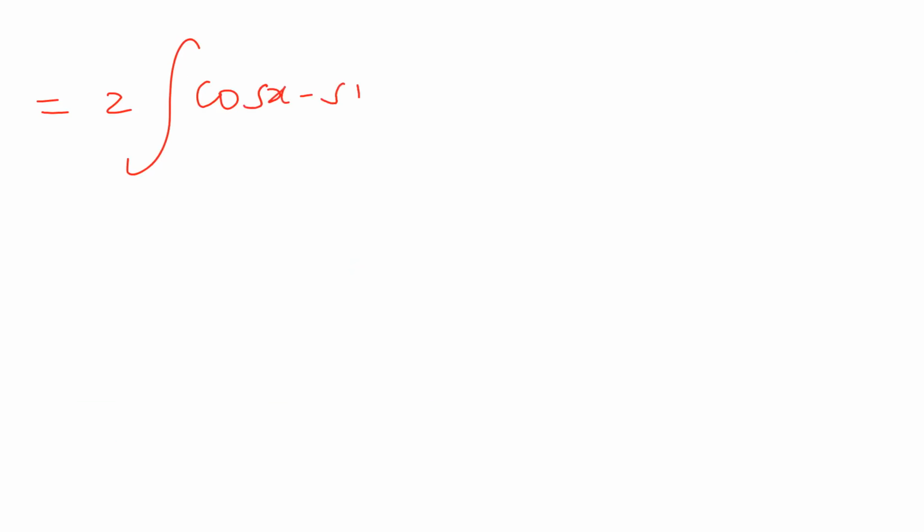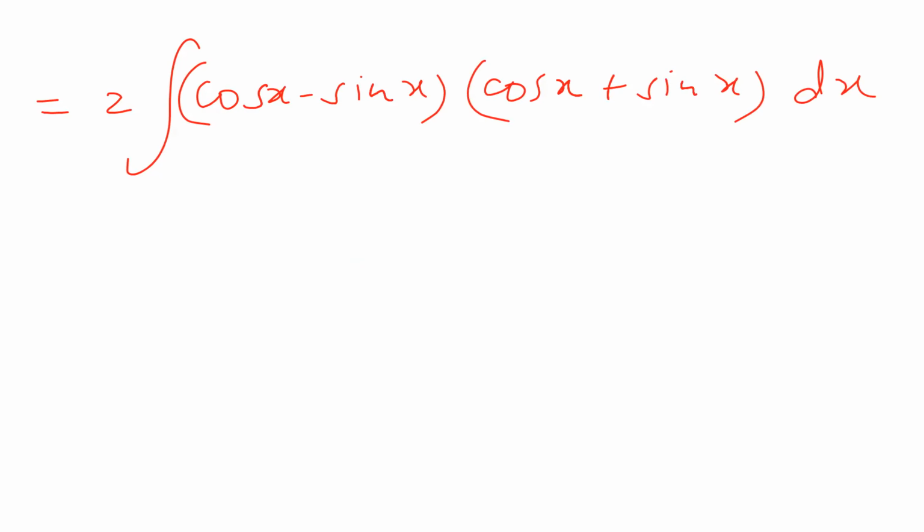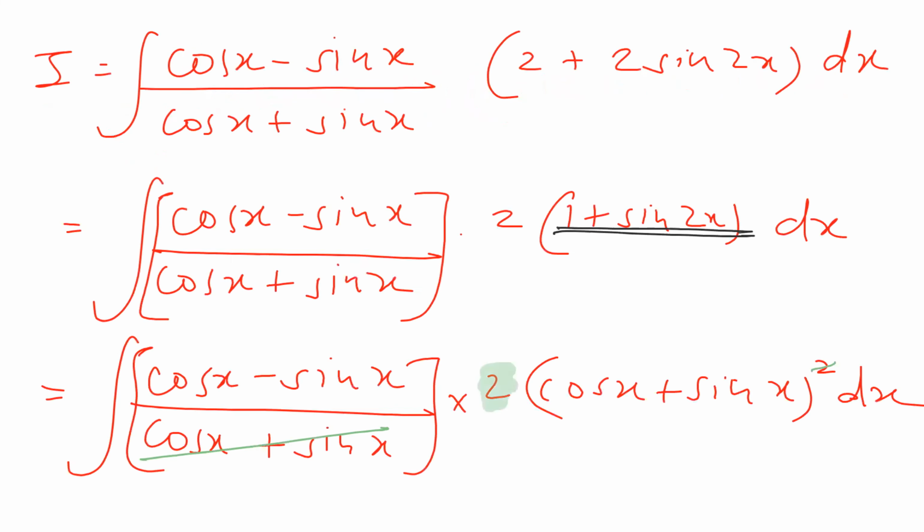Cos x minus sin x into cos x plus sin x dx. If you just observe, we are having cos x minus sin x, and there is one more term left over here, cos x plus sin x. There were two terms, one term got cancelled.